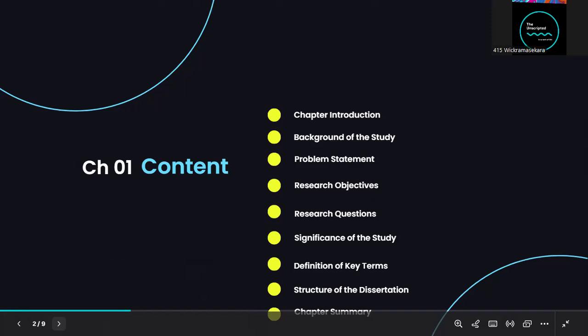And then you have to write the background of the study, right? Under the background of the study, you have to give an introduction and a background to the topic, and that flows to your problem statement, right? It depends on your topic.